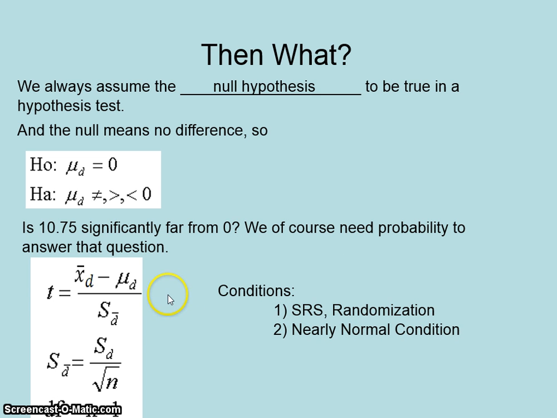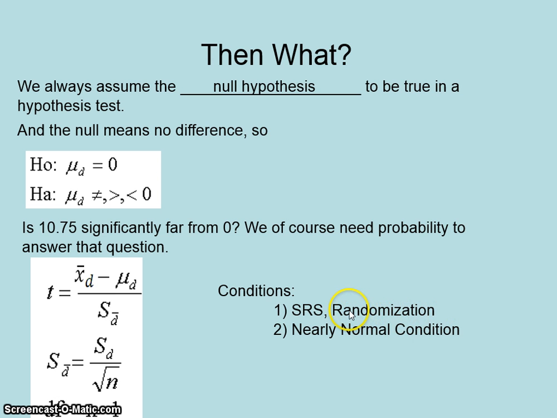We are hopefully getting used to checking conditions. We cannot trust our results until we can check our conditions and reasonably check them off. The conditions here are pretty similar. We need a random sample. Hopefully our 4 vehicles were 4 random vehicles, or at least representative. We need randomization. This comes from the matched pairs experiment.